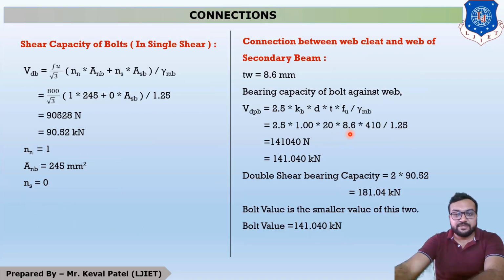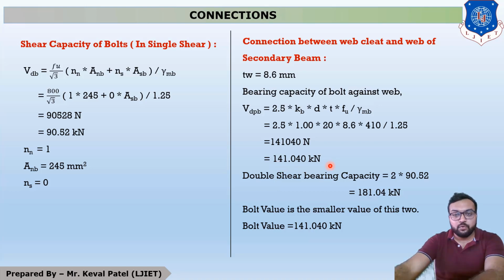And fu here is the ultimate stress of the plate, not of the bolt. You can see that just below this equation, the description of fu is given as ultimate stress of the plate.